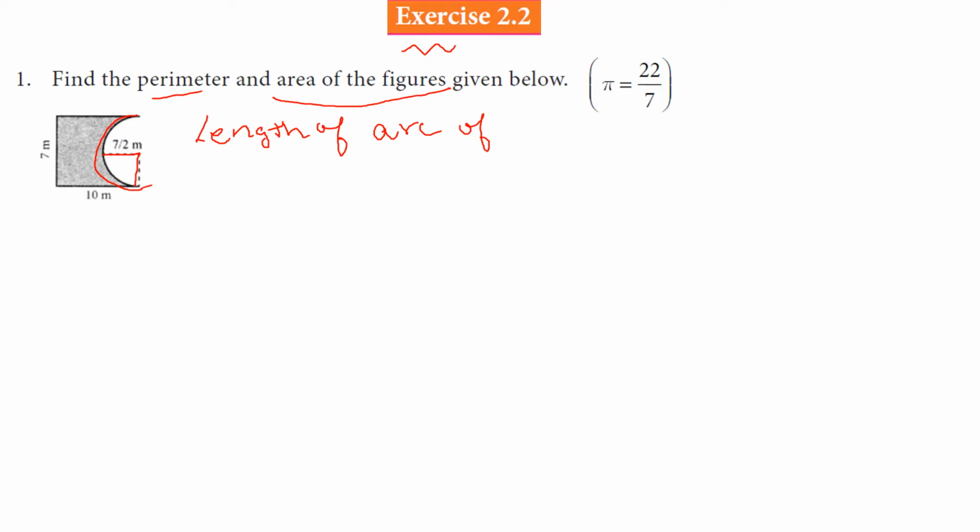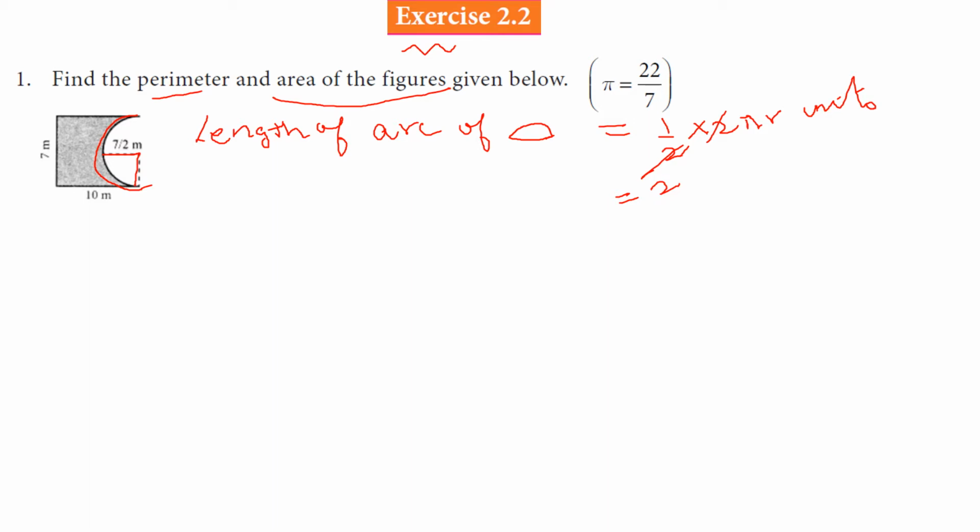Semicircle arc length equals half of the circumference of the circle, 2 pi r. Here the semicircle means half into 2 pi r units. So 2 cancels, pi value is 22/7.